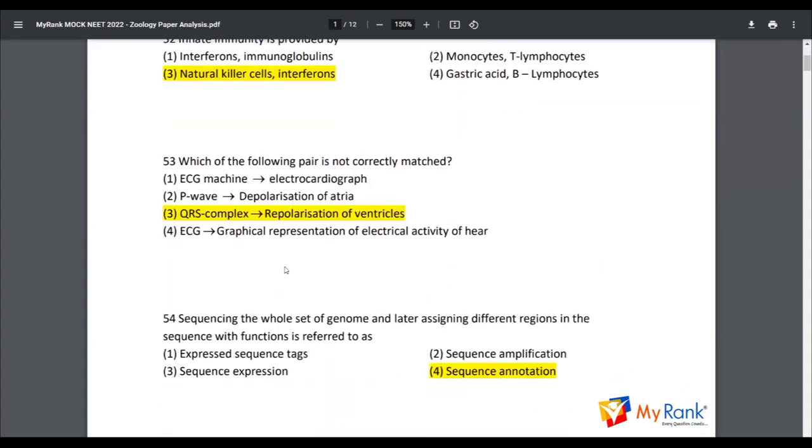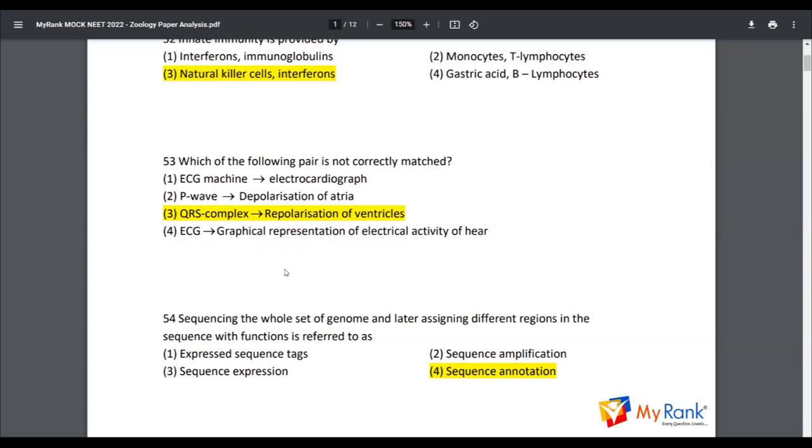Then, which of the following pair is not correctly matched? Option 1 is ECG machine. The machine for ECG is called electrocardiograph, whereas the chart that you get from the machine is called electrocardiogram. So option 1 is correct. Then P wave represents, so what does the P wave represent in an ECG? P wave represents depolarization of atria.